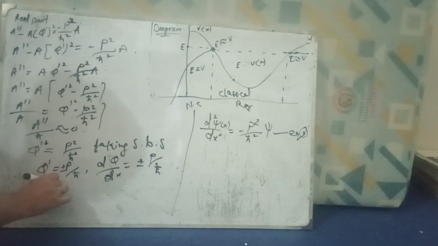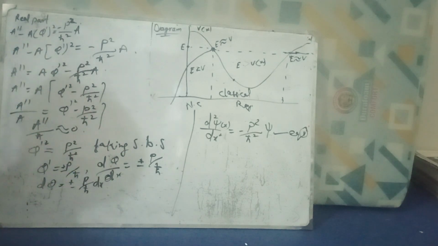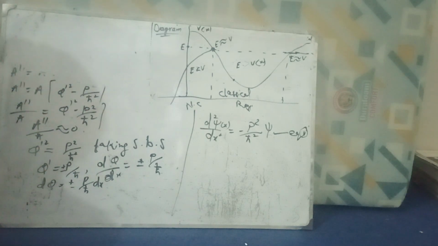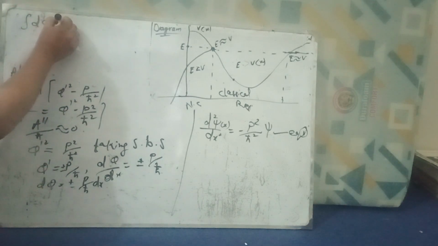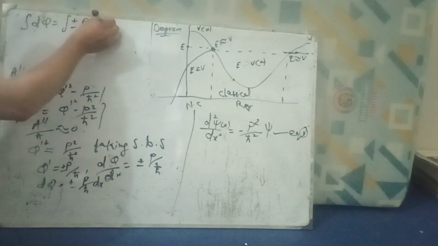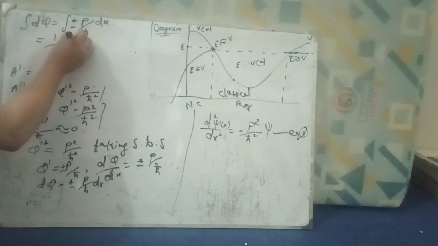d phi will be equal to plus minus p divided by h cut into dx. Taking integration on both sides, integral d phi is equal to integral plus minus p by h cut dx. 1 over h cut is constant, taking it common, integral p dx.